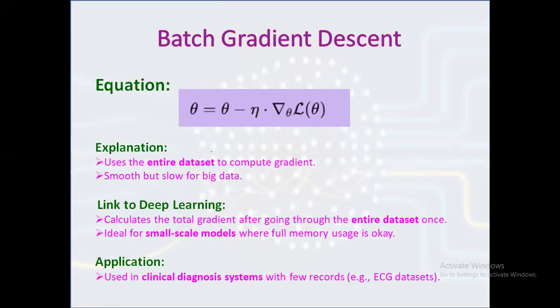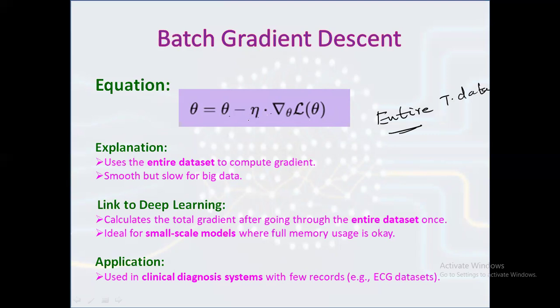Next, batch gradient descent. In batch gradient descent, we calculate the gradient of the loss function using the entire training set. Instead of taking one or two examples, it takes the entire training data set before updating the model parameters. The update equation is the same: theta equals theta minus eta times del theta of L(theta).